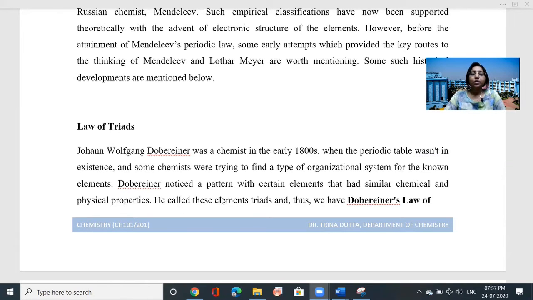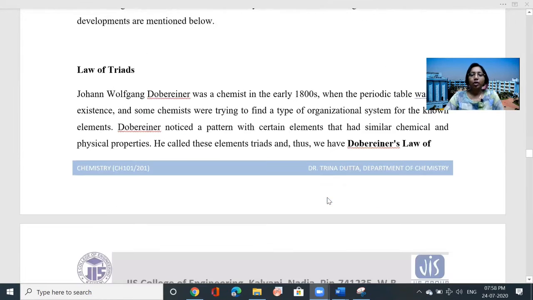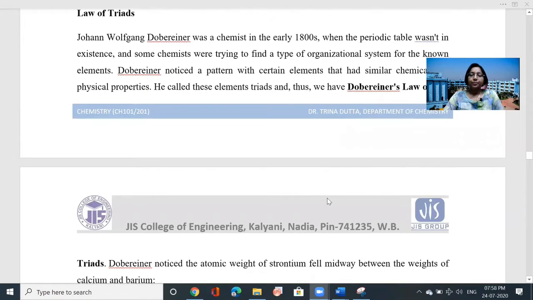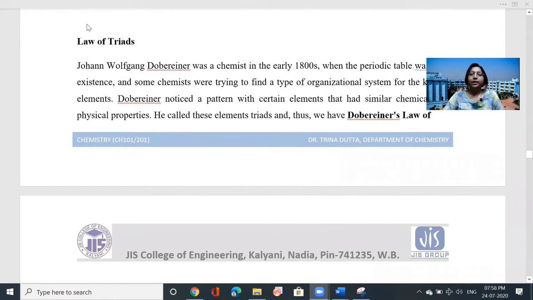Dobereiner noticed a pattern with certain elements that had similar chemical and physical properties. He called these elements triads. This is Dobereiner's law of triads.